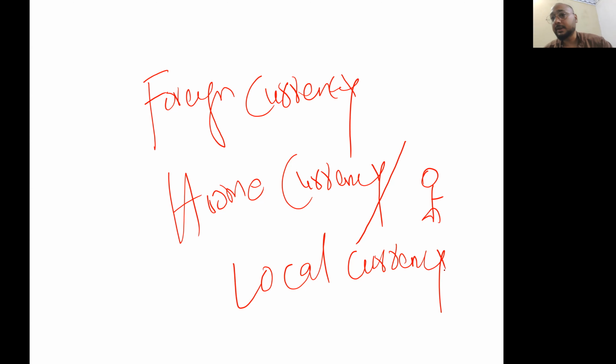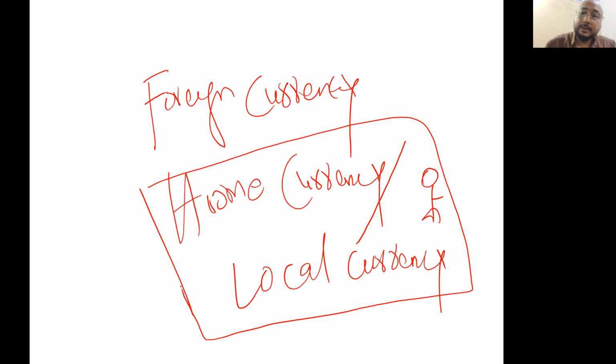This is one and the same thing, right? Home currency and local currency is the same. It depends on your perspective. If you are reading the book, automatically assume that you are in US and your home currency is dollars, right? Foreign currency is the other currency that you are dealing in.